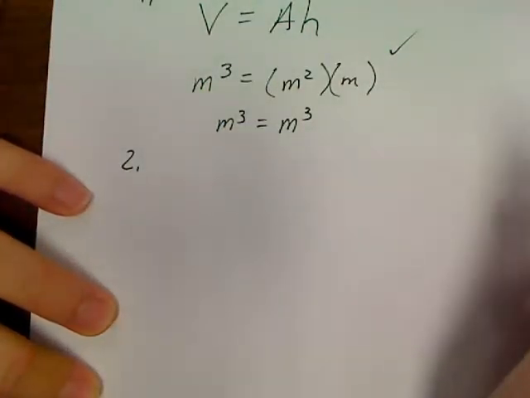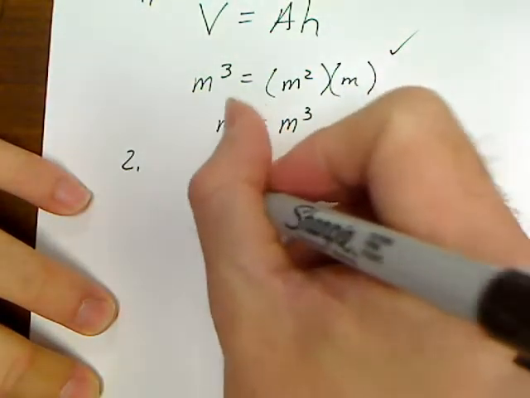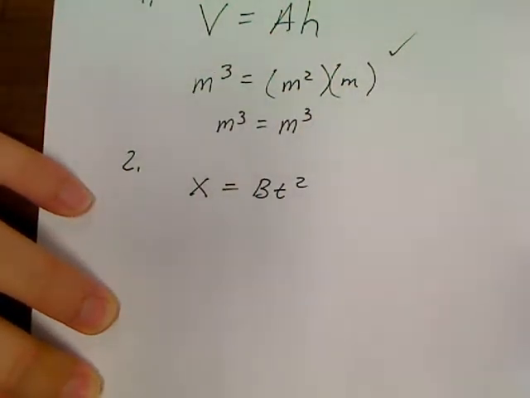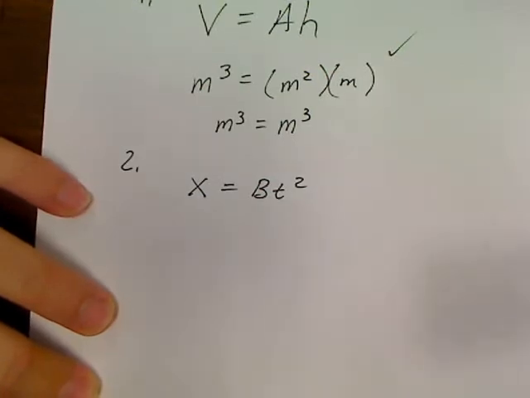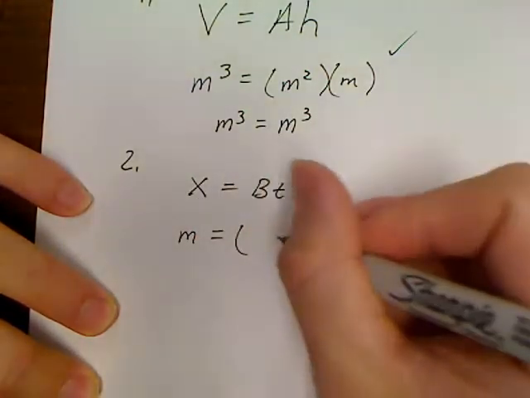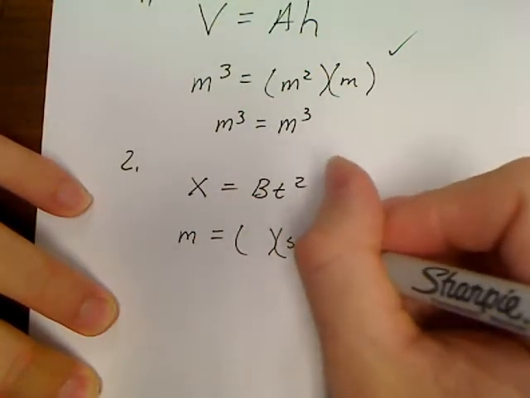Number 2 gives you an equation that says x equals b t squared. B is some unknown constant, and it wants you to determine what would be the unit for b. Well, x is a meter. Time is a second squared.